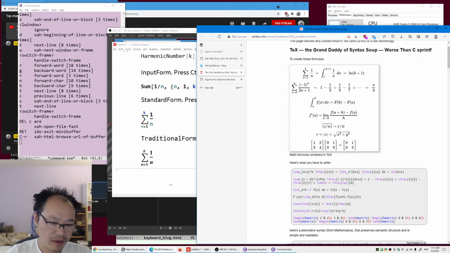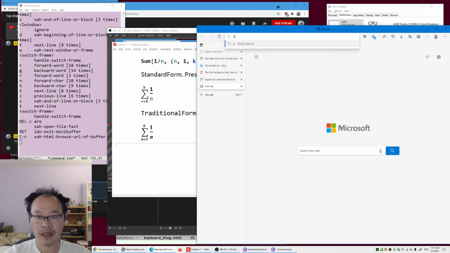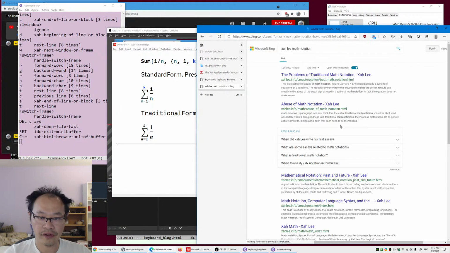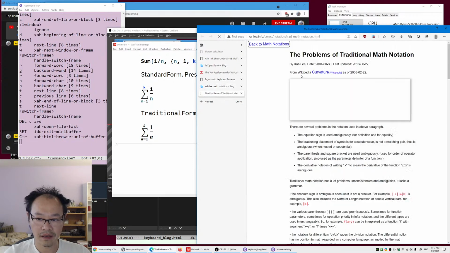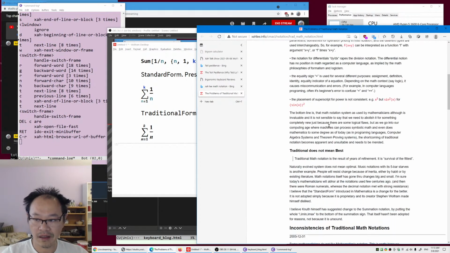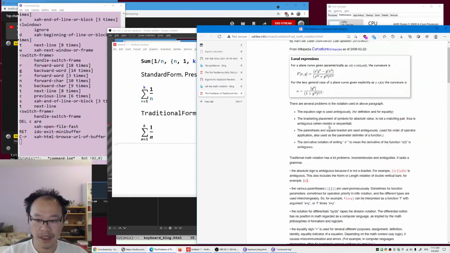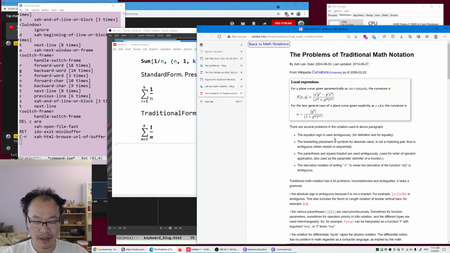So what's an example of the ambiguity of traditional form? Okay, let me show you an article. Search for "Xah math notation", and you can see an article here. The problems of traditional math notation. It's a longish article, in which I began to document the problems of traditional math notation.